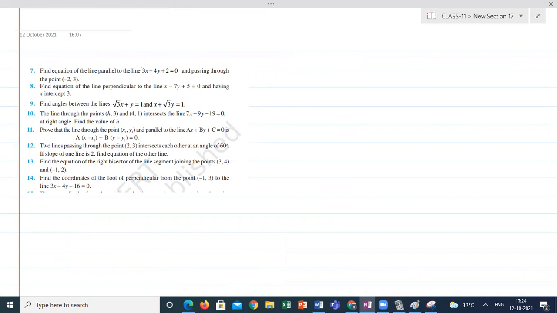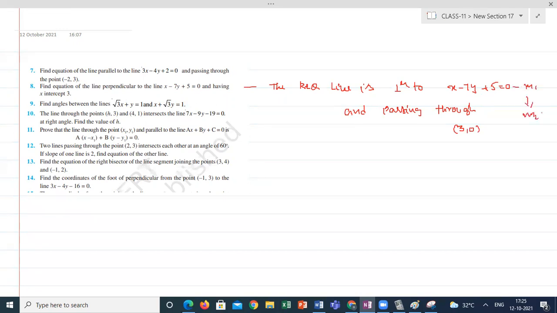That means the required line is perpendicular to x minus 7y plus 5 is equal to 0 and passing through (3, 0). So find the slope here and find out the required slope, which is equal to minus 1 by m1, and with the help of the slope and point form, solve the question.